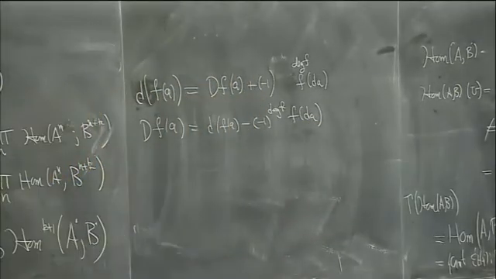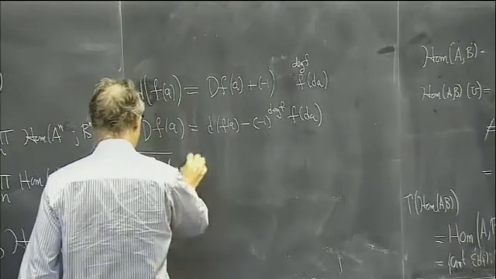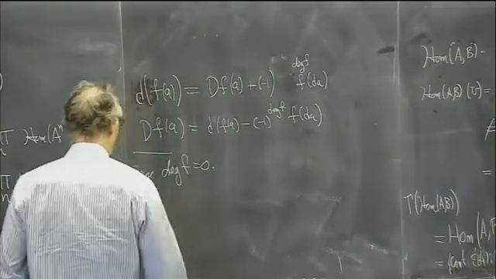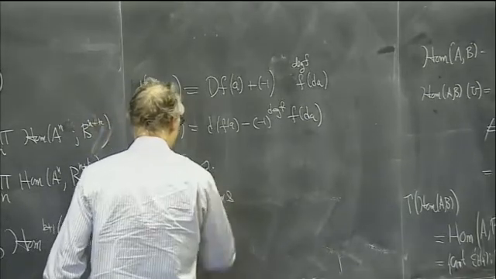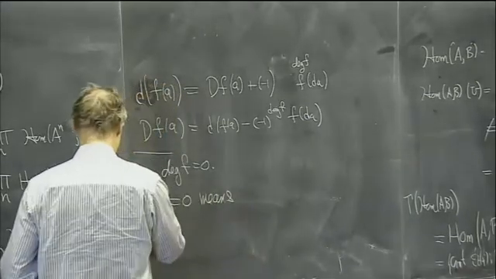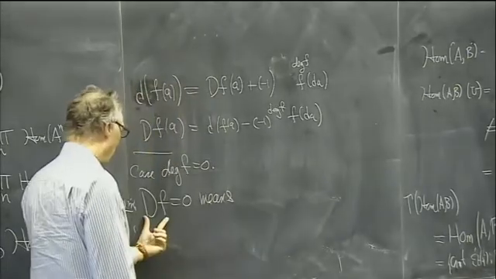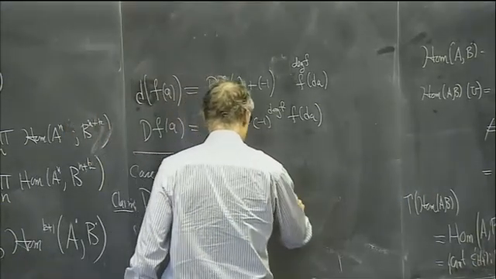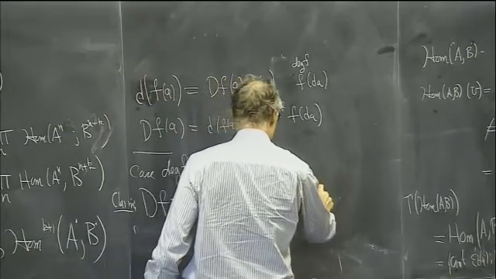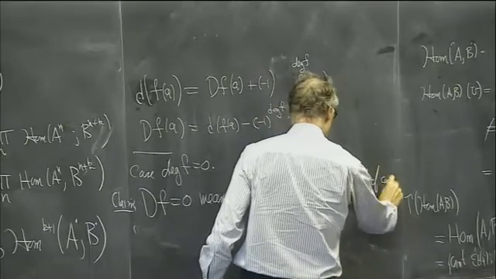Okay? So let's unravel that in the case when the degree of f is 0. So what does the condition df equals 0 mean? Well, I claim the condition for a map of degree 0 to be a cocycle, df equals 0, simply means that f is a morphism in the category of complexes of sheaves.